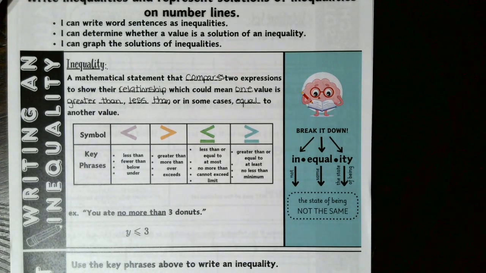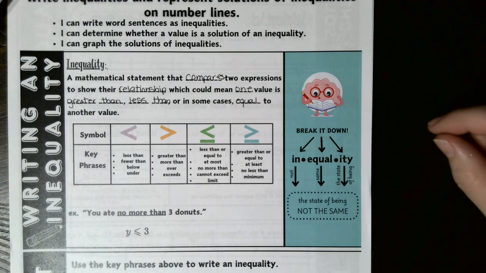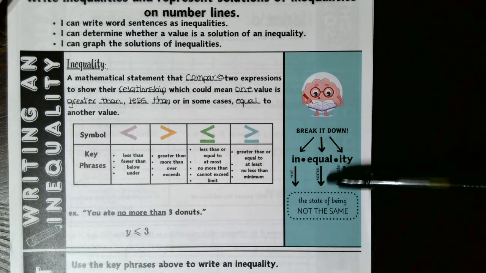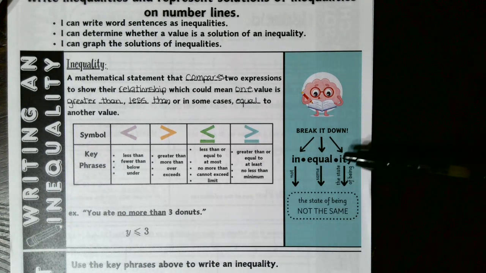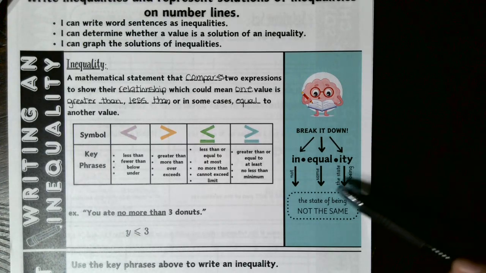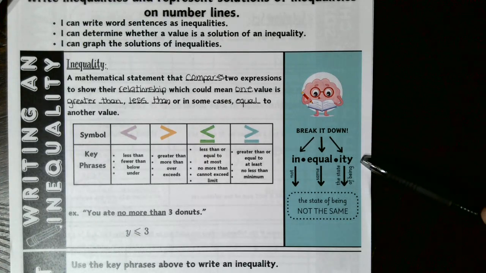What is inequality? So if we break up the word inequality into different parts, we can see that in this case, in inequality means not. And the equal, we know equal means the same. And then T means the state of being. So if you put those together, it means the state of being not the same.